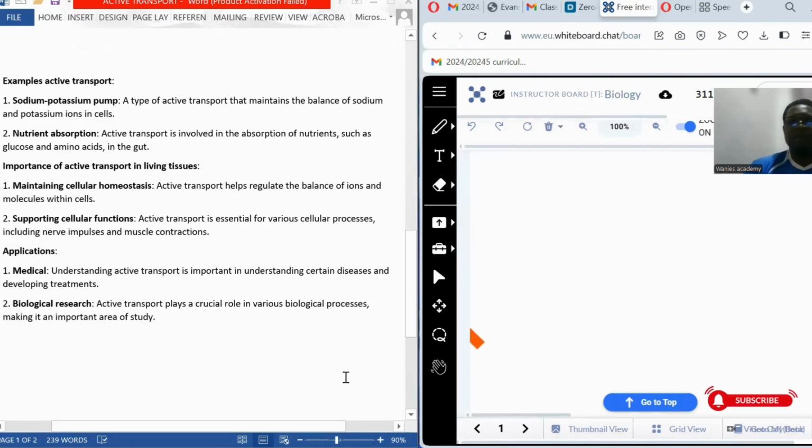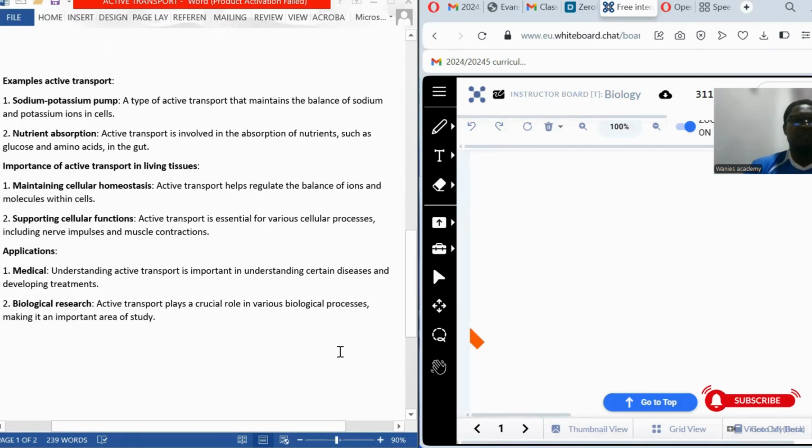Active transport can be applied in medicine because the understanding of active transport will enable the scientist or the specialist to understand certain diseases, how they move around, and how treatment or control measures can be taken.